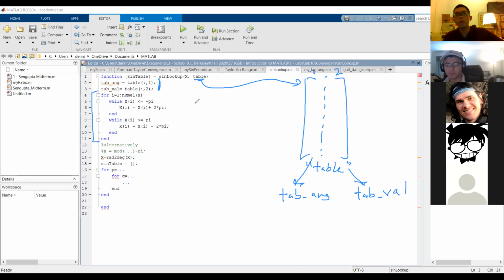Now here's the first chunk. What this is doing is nothing more than what we did earlier, although here they didn't use my periodic directly. They're doing X. Here's the thing you have to be careful with: these angles are given in degrees, whereas X is given in radians.